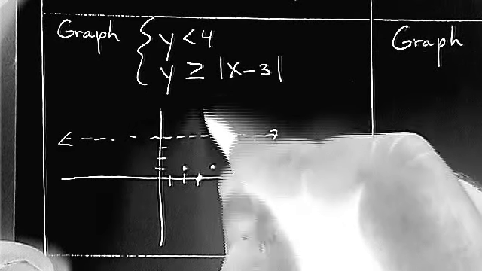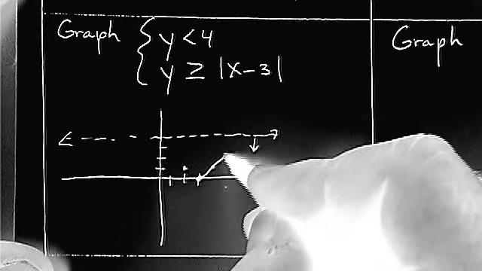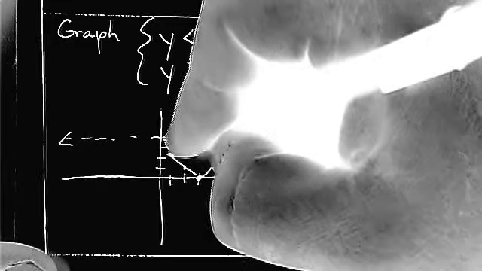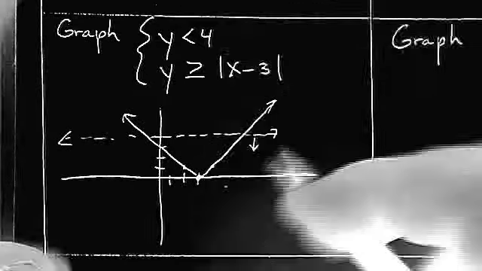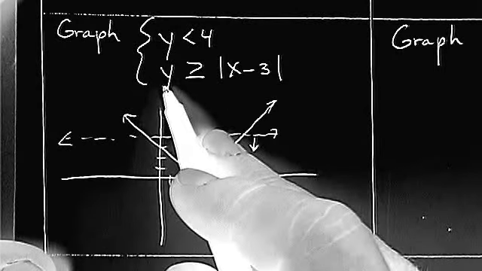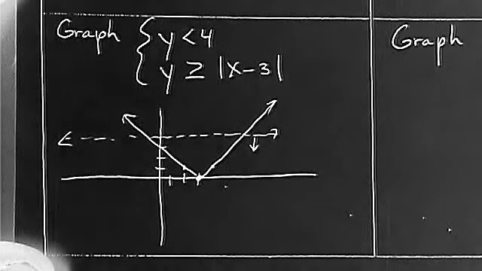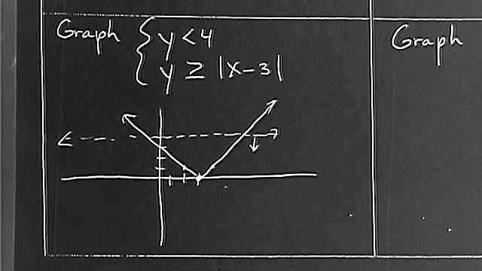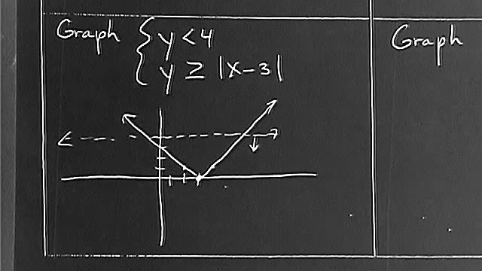Okay? And it's got the equal to, so I know that's going to be a solid V. It says greater than. When we know that it's y is greater than, we know that we're shading above. And that fits my common sense. So I'm going to go ahead and shade above.